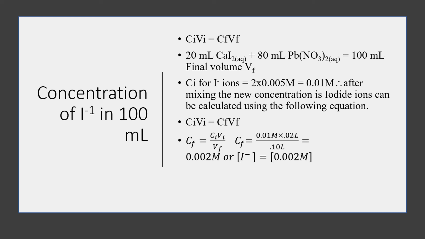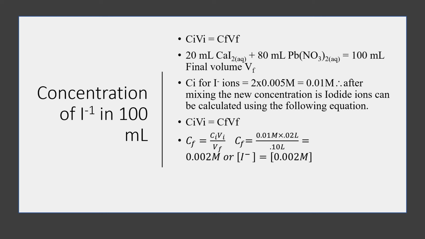So the concentration of iodide ions is 2 times 0.005. 0.005 molar, or moles per liter, is the concentration of calcium iodide. Every time you take 1 mole of calcium iodide, it produces 2 moles of iodide ions when dissolved in water. So the concentration of iodide ions is actually 0.01 mole per liter.